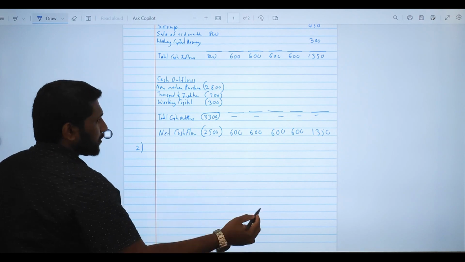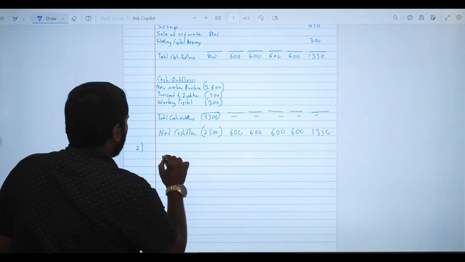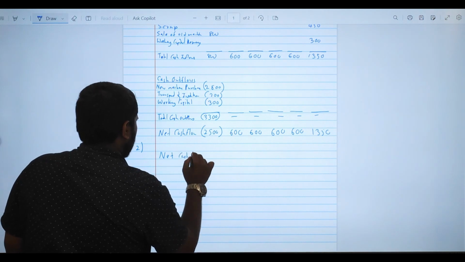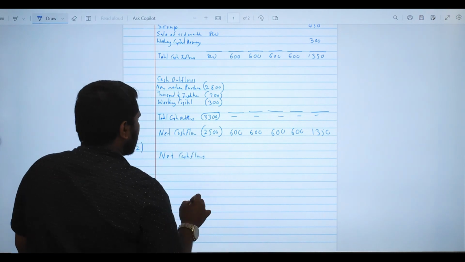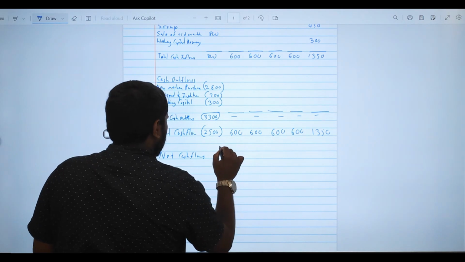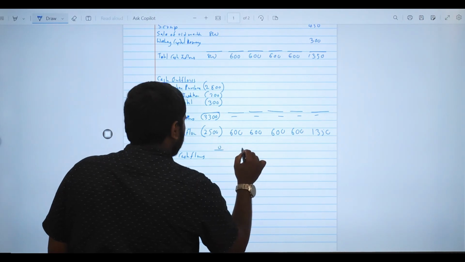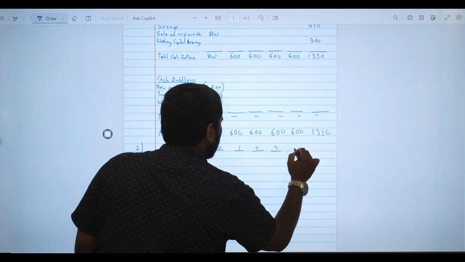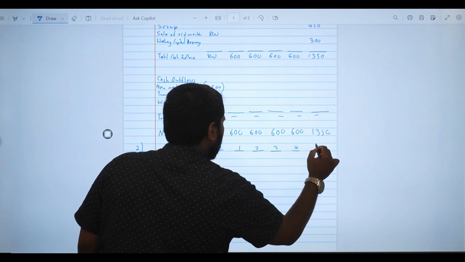Your net cash flows should be multiplied by the discounting factor. So let me write the net cash flows with the years: year 0, year 1, year 2, year 3, year 4 and year 5.